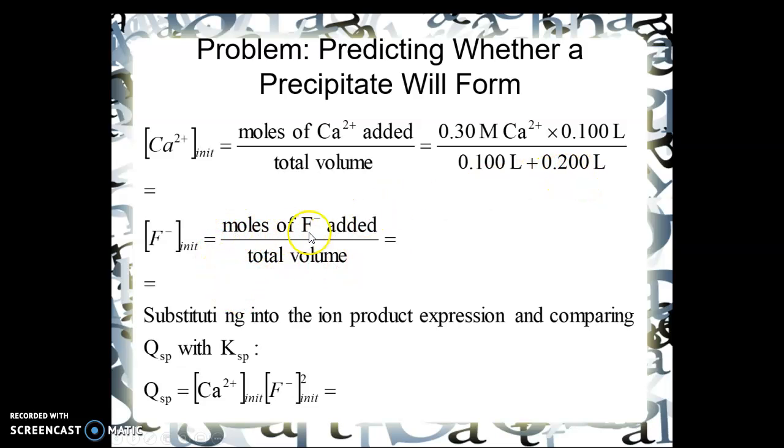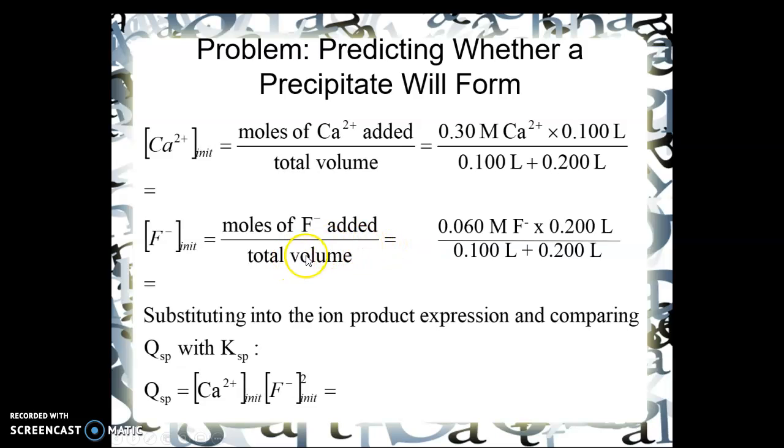And the moles of fluoride added divided by the total volume here, 0.06 times 0.2 divided by, again, the same volume, 0.3 liters. If we substitute into the ion product expression, Q is the calcium times the square of the fluoride. We've got 0.1 times 0.04 squared.